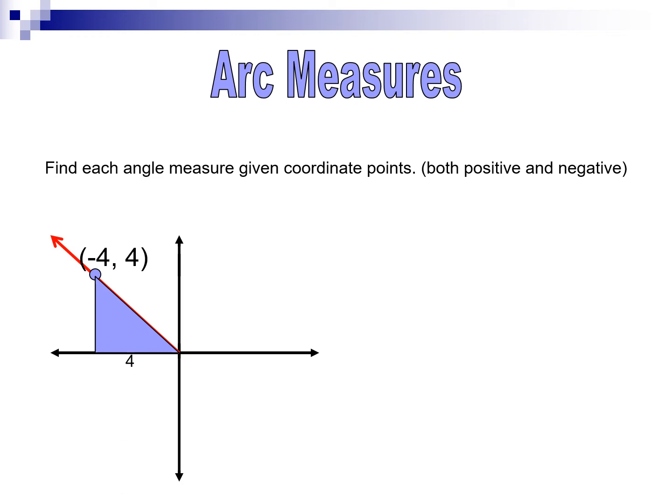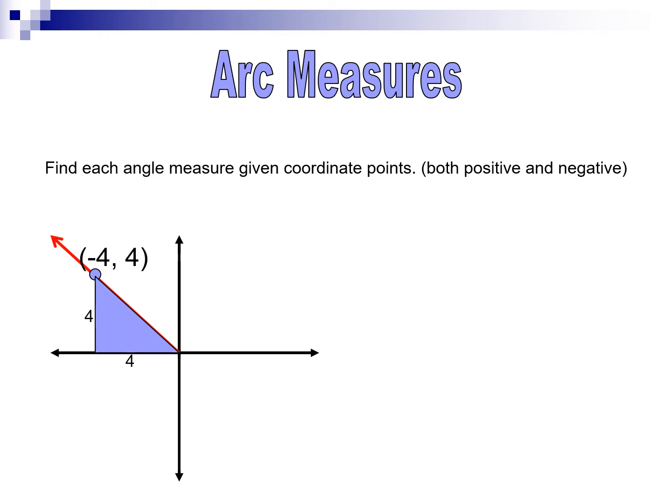We know that distance is 4. I know it's in the negative direction, but for distance's sake, we'll just write 4. And then that length is 4 because it goes up 4. So the legs of the triangle are 4 and 4. This is when we have to think about special right triangles.